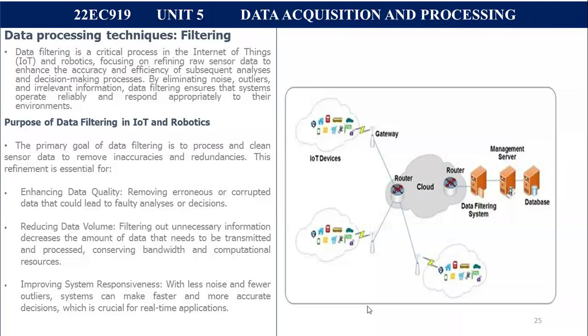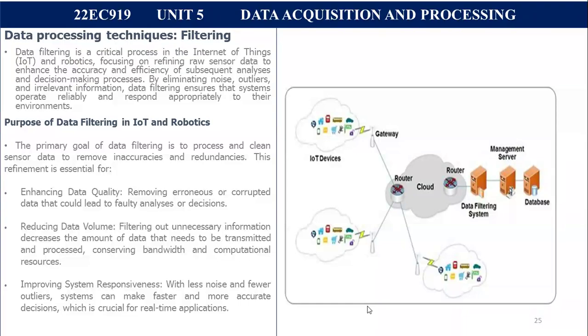So what is filtering? It is nothing but removing unstructured data so that it can be eliminated and the rest structured in a particular manner. What is the purpose of data filtering? The goal is to process and clean the sensor data to remove inaccuracies and redundancies.